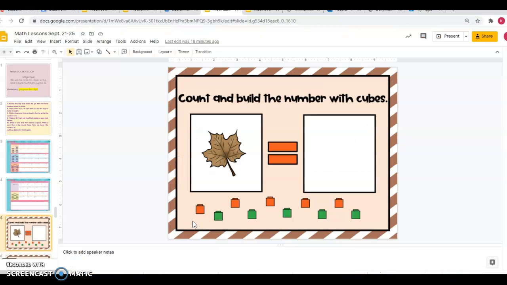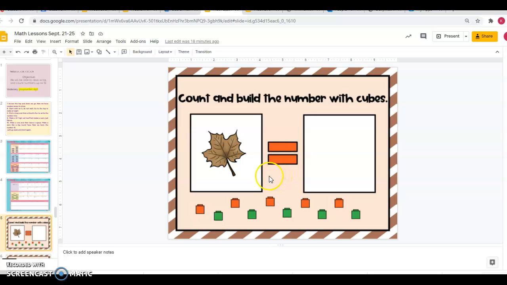And for the interactive, you're going to count and build the number with cubes. Make sure you're in this mode, otherwise it won't let you move anything. This square is going to be the picture, so there's one object in here, one leaf. This is the equal sign, so equal means the same.